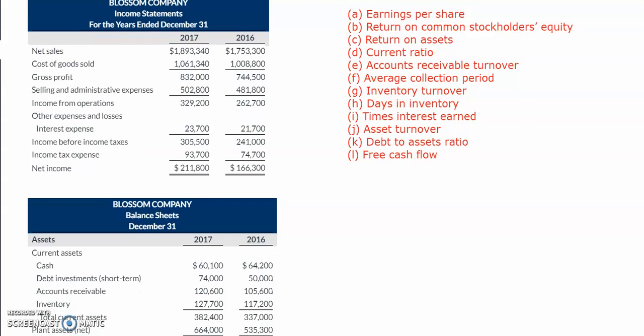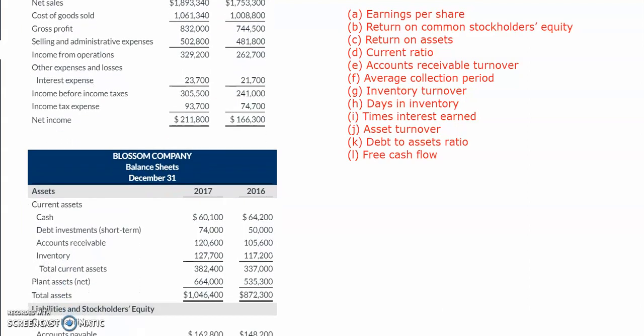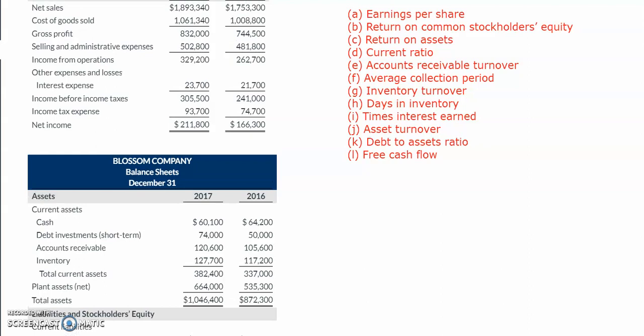All right. So we're going to be starting off with our earnings per share, and our earnings per share starts off by taking our net income. So the first one is our earnings per share equals our net income minus our preferred dividends, and we're going to divide that by the weighted average shares outstanding.